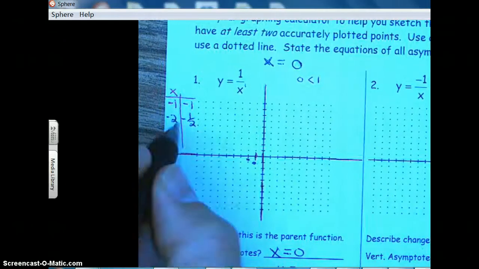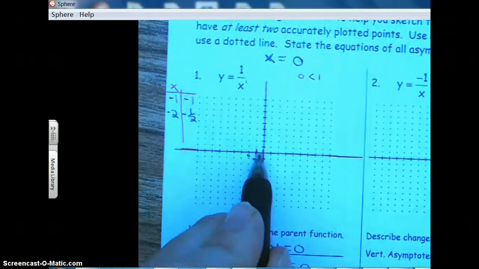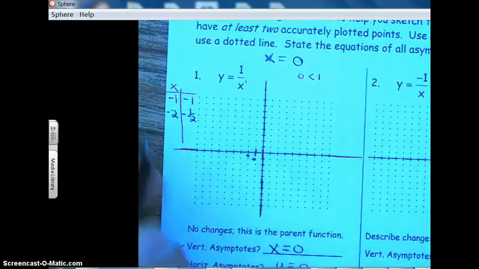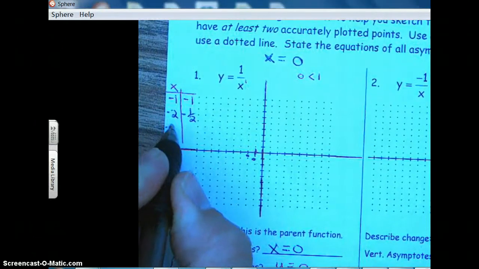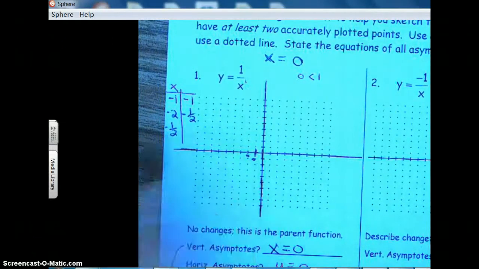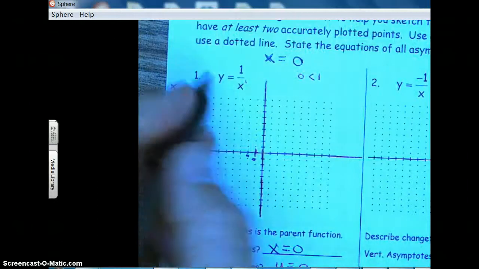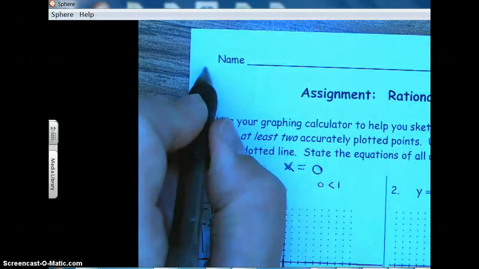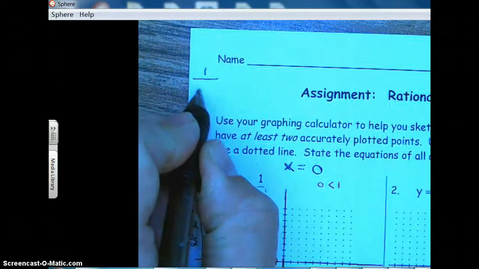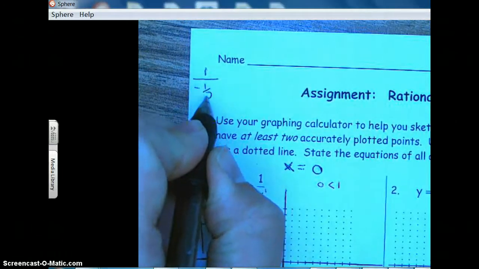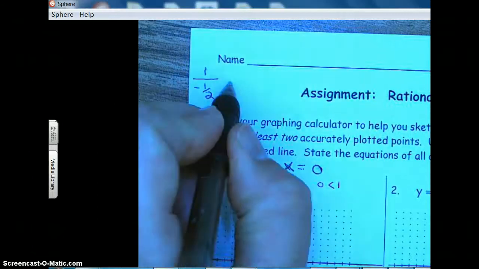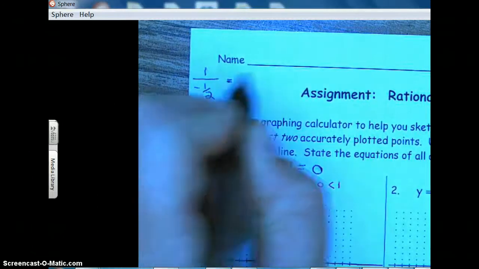Now, let's try a point that's closer to 0, between 0 and -1. Let's try -1/2. If I plug in -1/2 here, I'm going to have 1 divided by -1/2. If you plug that into your calculator, you're going to get -2.